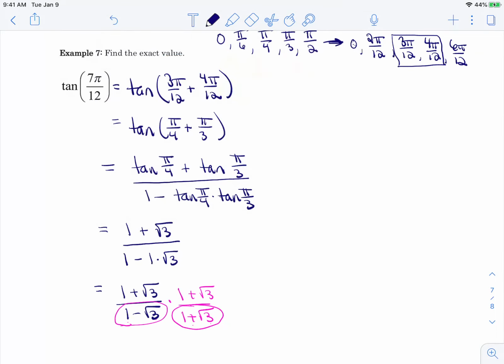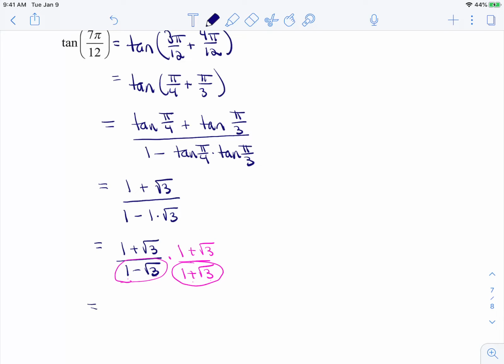And now, if I go ahead and FOIL, I get 1 plus 2 root 3 plus, and that's because I do 1 times 1, I get a positive root 3, and then another root 3, and then root 3 times root 3 is 3.